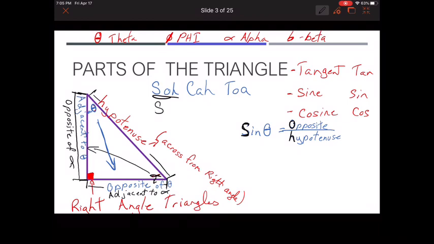So really we should write it SOHCAHTOA, like that.